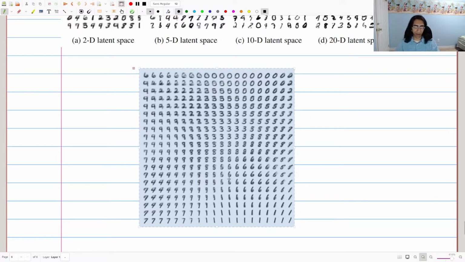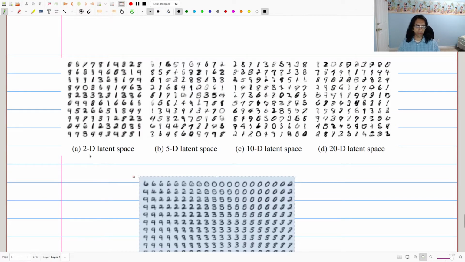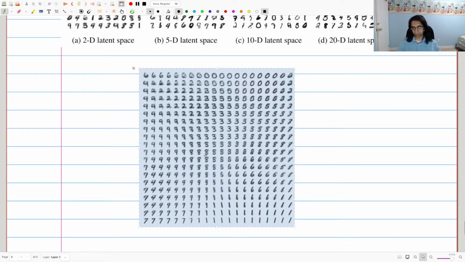Imagine this 2D version, so imagine that this vector Z is two-dimensional. And rather than drawing samples from that 2D space, imagine that instead you took every point in that 2D space, fed them into the decoder network, and plotted what the results were, and you get something like this.